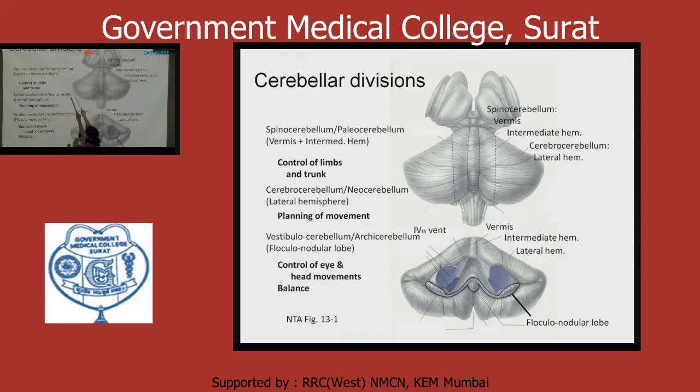This area consists of the vermis and the intermediate hemisphere, and it is concerned with the control of voluntary movements of the limb and trunk.